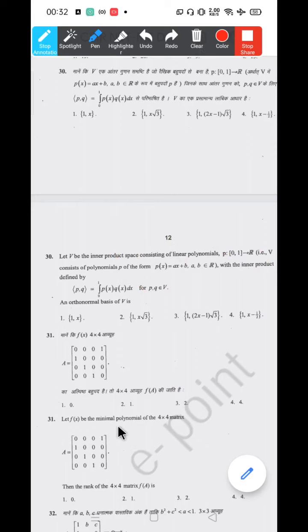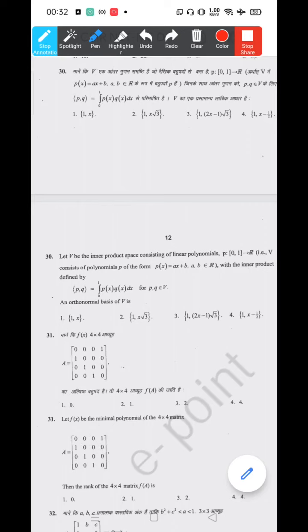Let f of x be the minimal polynomial of the 4 cross 4 matrix A. So this is your matrix. Then what is the rank of f of A? So first we need to find the minimal polynomial of this.